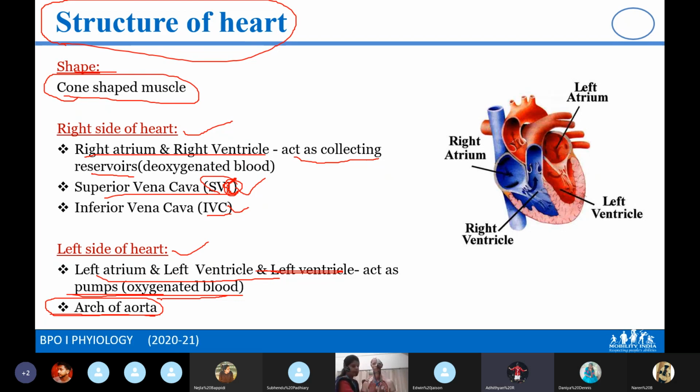Means the left side of the heart gives blood by pumping action, donating to different parts of the body. Right side of the heart is receiving, left side of the heart functions as pumping. So that again it will receive, it gives to left side, then again the process continues as a cycle.